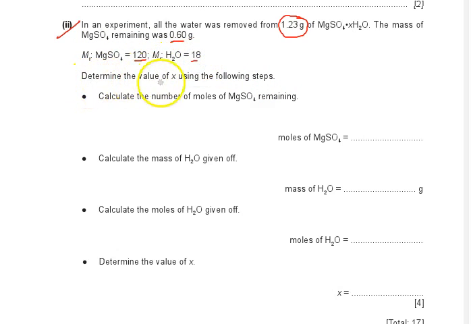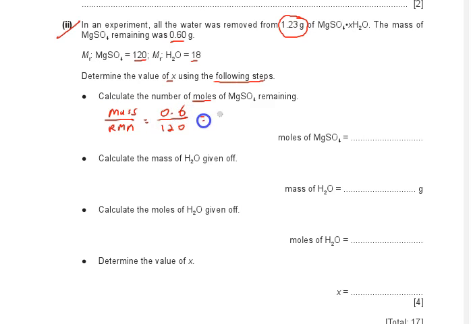Determine the value of X by using the following steps. To calculate the mole, we need its weight. Remember, mass divided by its RMM. So 0.6 gram divided by 120, you get 5 times 10 to the power of negative 3, or you can put 0.005.